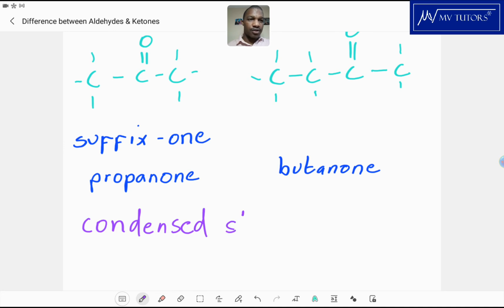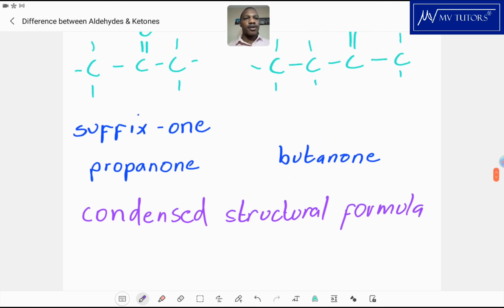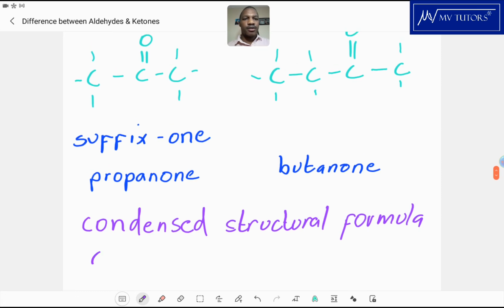Now we need to discuss the condensed structural formula. For this one, you look at the first C. How many H's does it have? It has 1, 2, 3. The second C actually has an O. And then the last one is CH3.